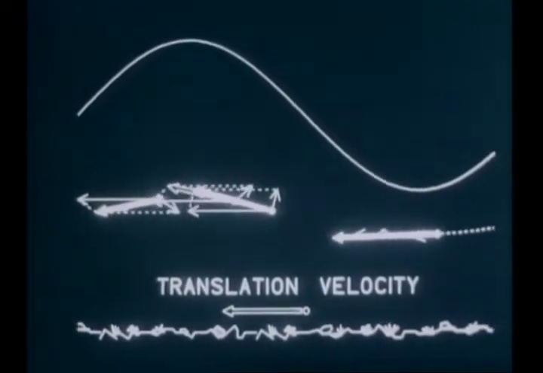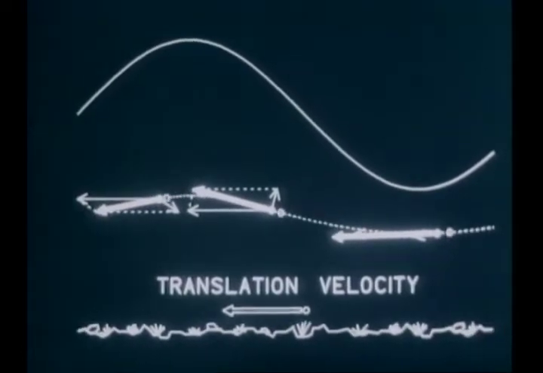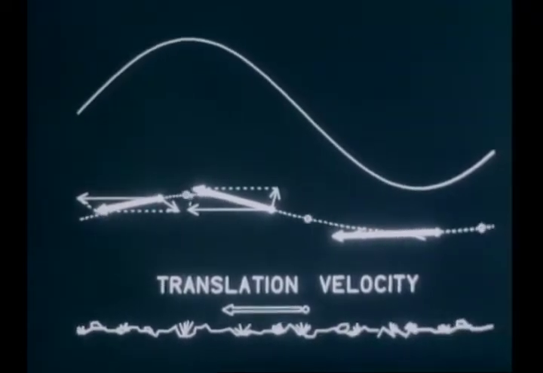The path lines, which are also streamlines in this frame of reference since the flow is steady, resemble the form of the free surface.